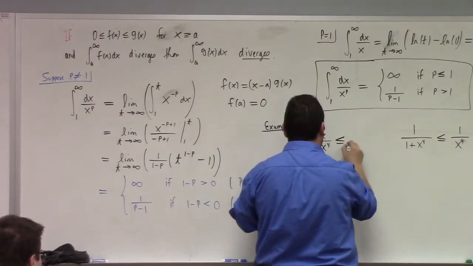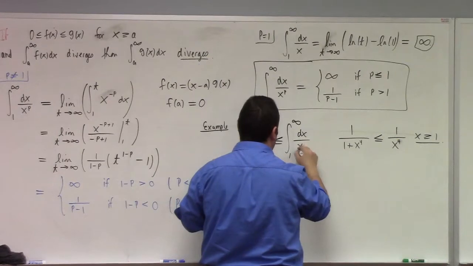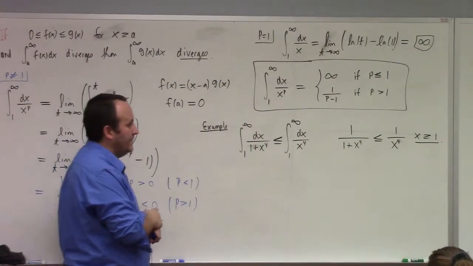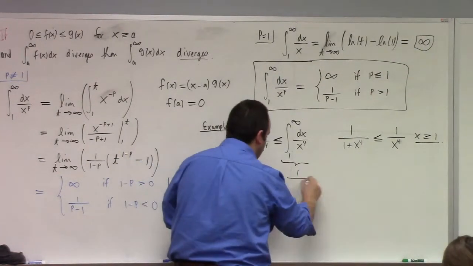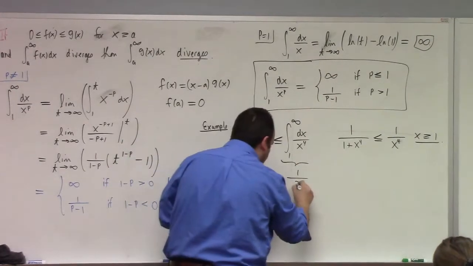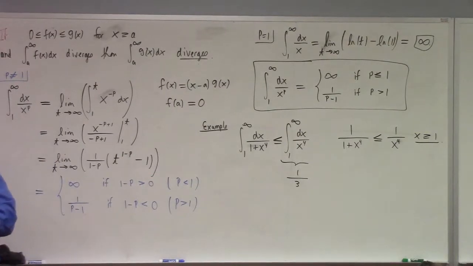So that means that this is less than or equal to the integral from 1 to infinity of dx over x to the fourth, which is what? By the theorem right above, this is equal to what? 1/3. So by the comparison theorem, I can tell you that the integral from 1 to infinity of dx over 1 plus x to the fourth is at most 1/3.